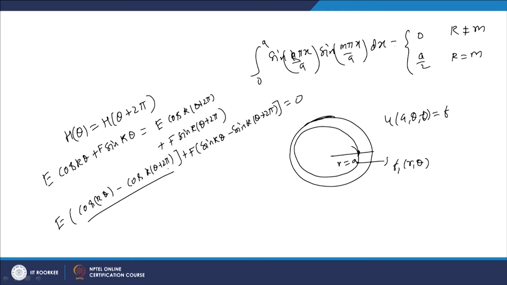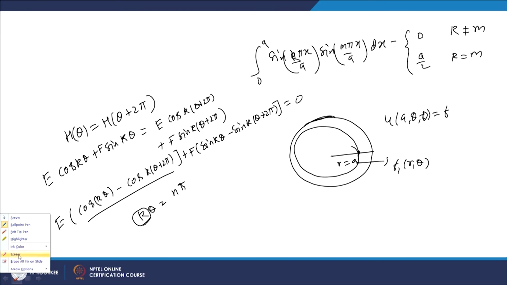Then you can use the formula of cos A minus cos B and sin A minus sin B, and if you simplify, you will get that k has to be an integer value.